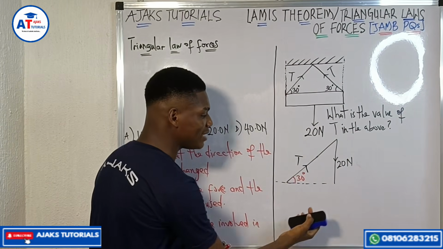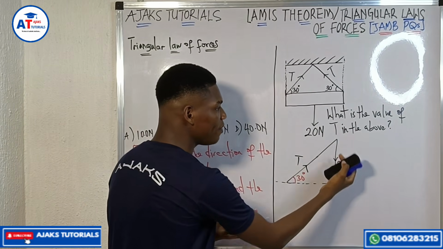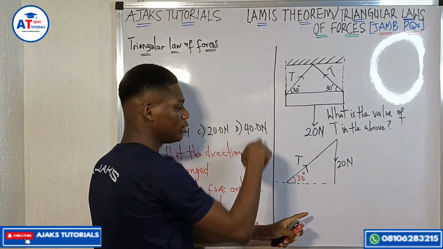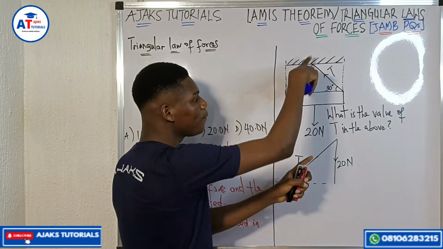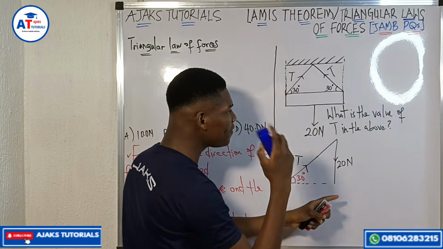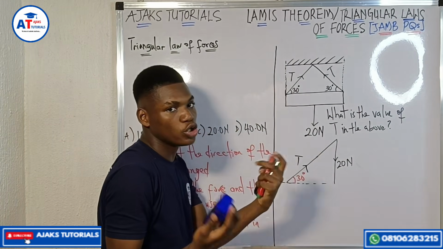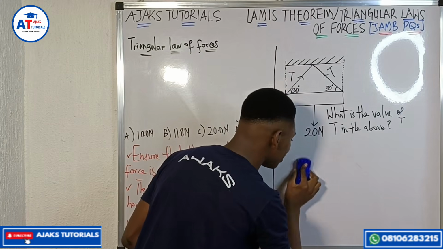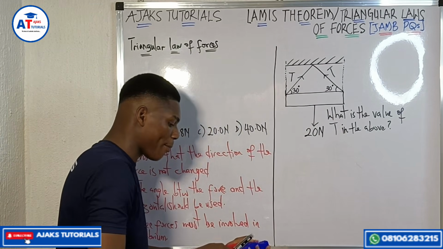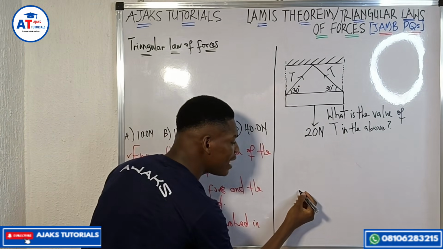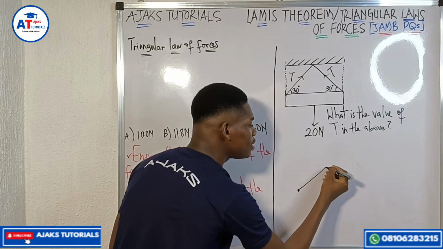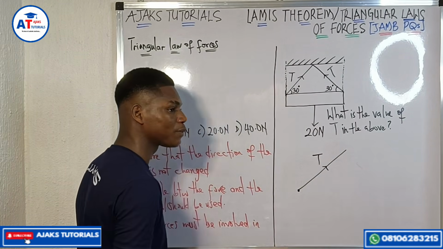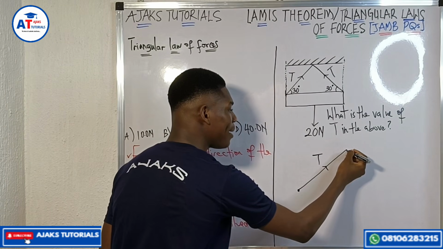If I take this one like this, the triangle is going to be lopsided. So I'm going to reconstruct again. I will take this down a bit, take this up, take this as T. Now what I will do is bring this one down.